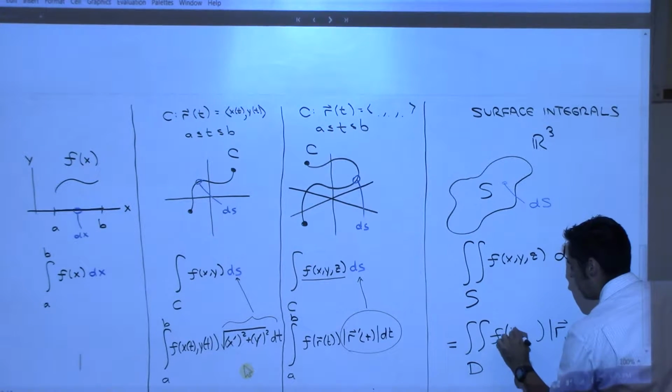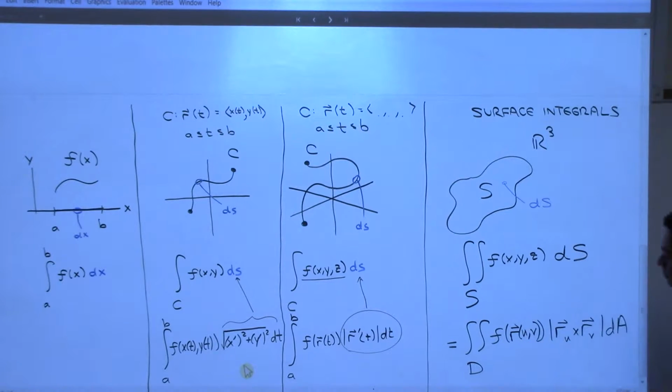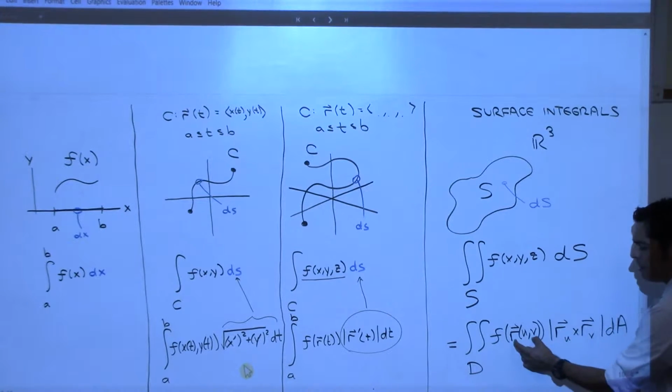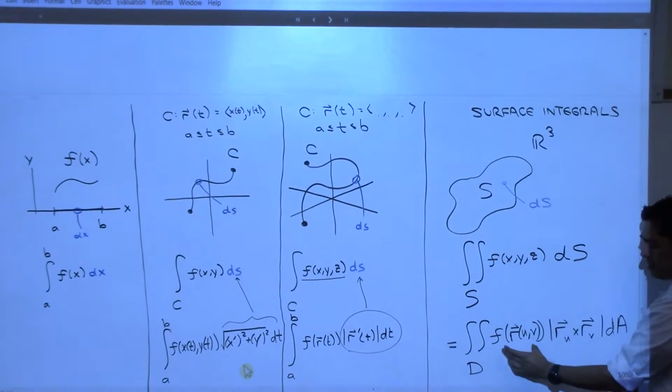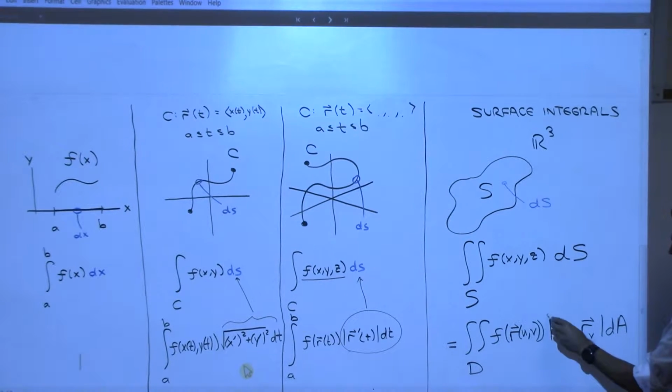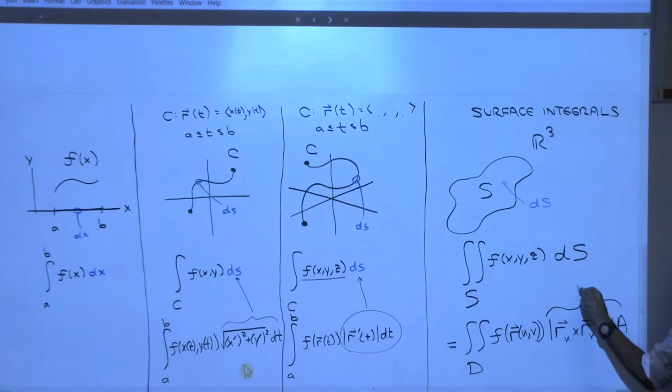Let me just go ahead and put what's in here, r of uv. So what was r of uv from the last class and maybe the class before? What does a vector function of two variables draw? A surface, right? So what we're going to do is plug the points of the surface into our scalar function, right? That's what this means. This right here should be dS. And do you remember what the magnitude of the cross product of the partial derivatives of our vector surface represents?